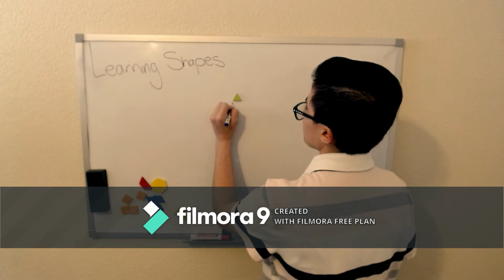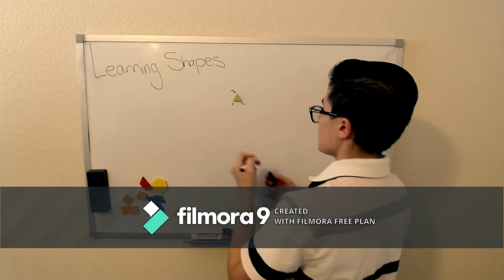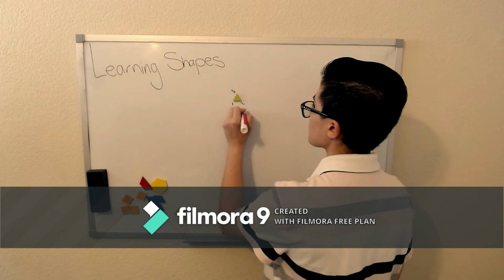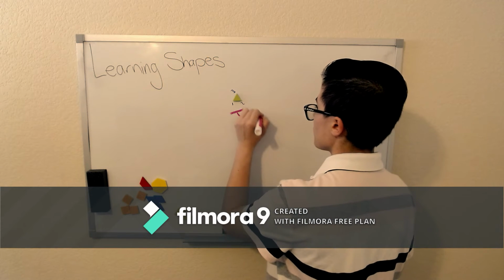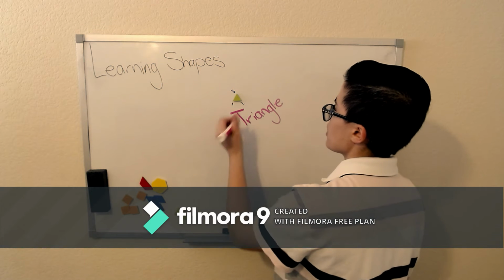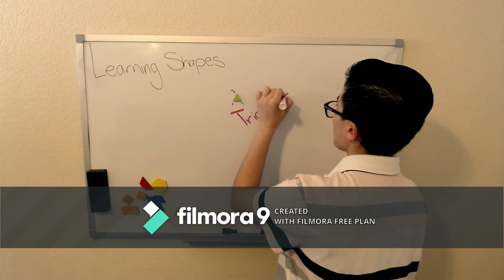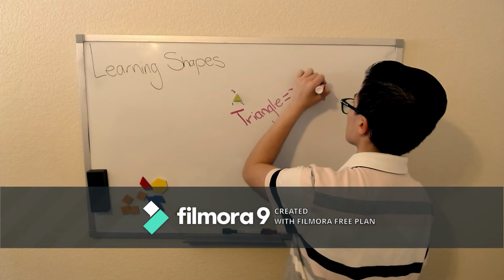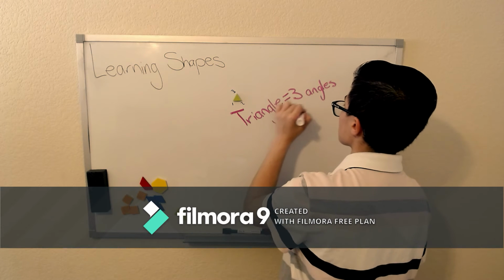For example, there are 3 angles to this shape. Therefore, this shape is a triangle, because a triangle has 3 angles and 3 sides.